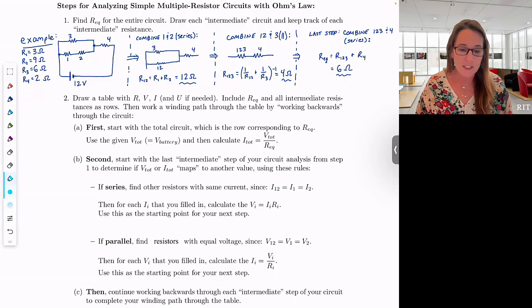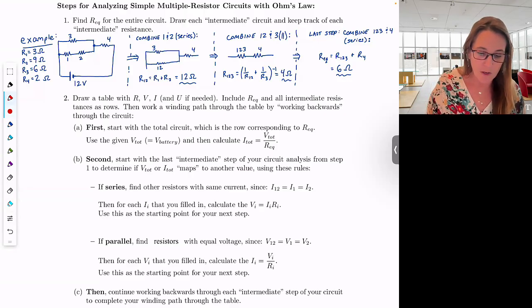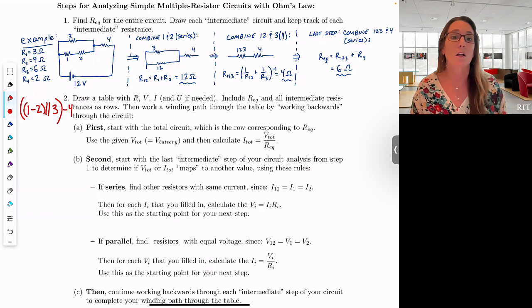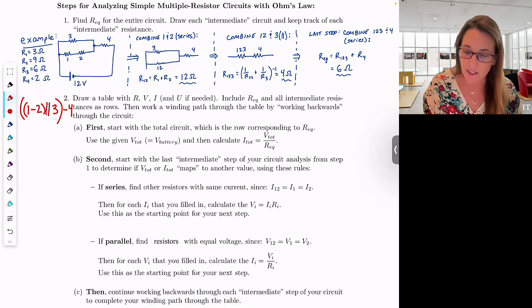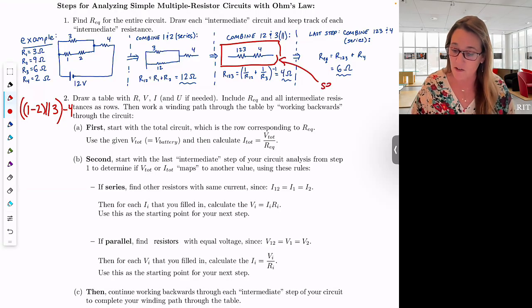If we look at this circuit and describe it, I would say that 1 is in series with 2, that's in parallel with 3, and then that whole combination is in series with 4. And so my last intermediate step is a series step.